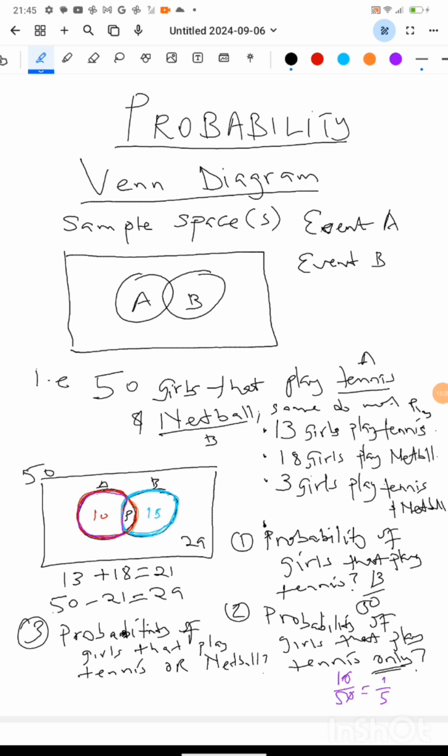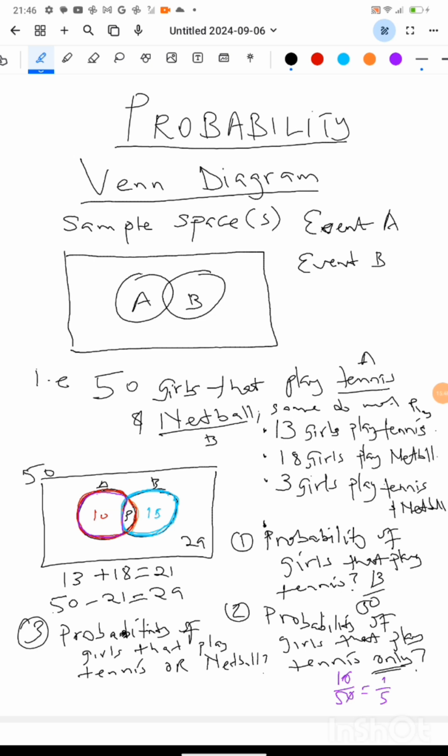So what would be the probability of girls that play tennis or netball? Well, if you look at it, the probability of girls that play tennis or netball will be the sum of A and B, right?